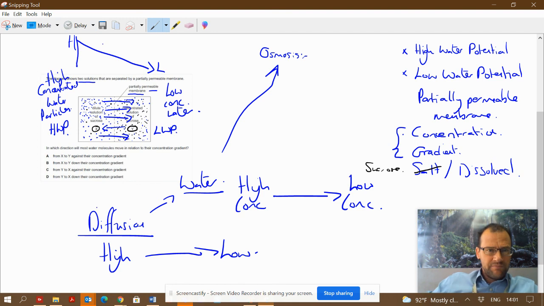Okay, so the answer for this one, in which direction will most water molecules move in relation to their concentration gradient? Well, we now know the concentration is high on this side, it's low on this side. Most of the water is going to move left to right, X to Y, down the concentration gradient. Okay, tricky question, but there we go, solved.